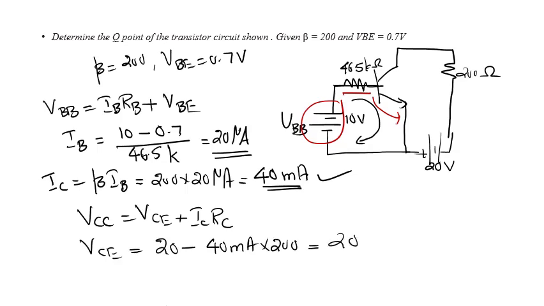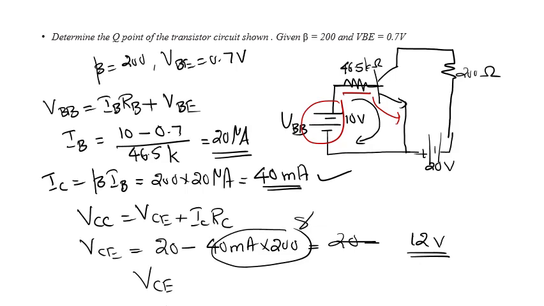So this 20 minus this value, on calculating, is equal to 12 volt. So our correct value of VCE is 12 volt and IC equal to 40 milliampere is the Q point of the circuit.